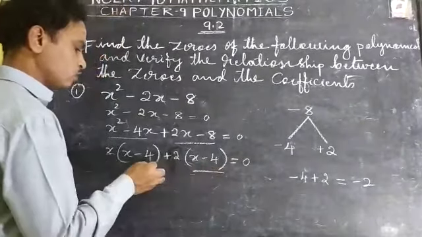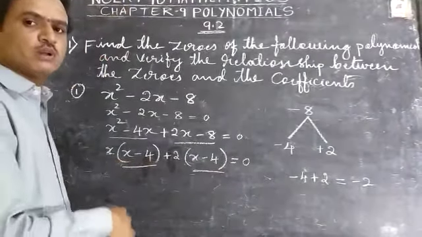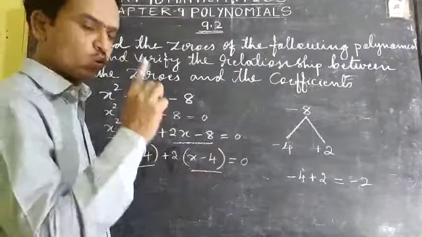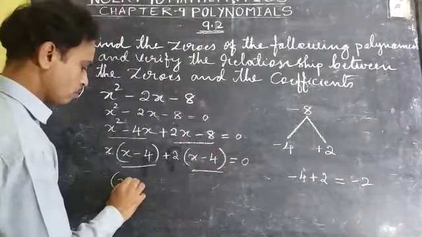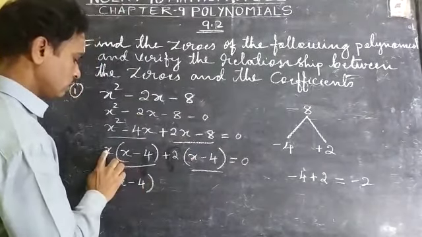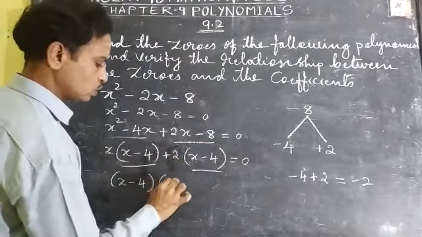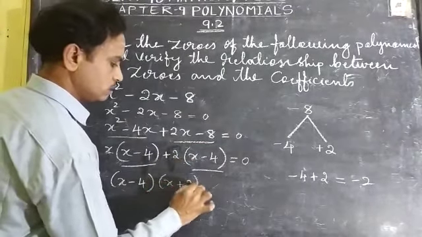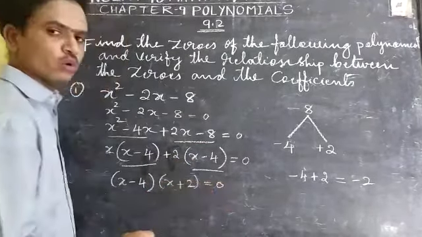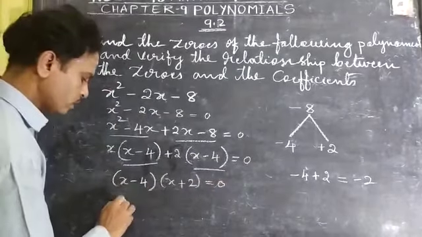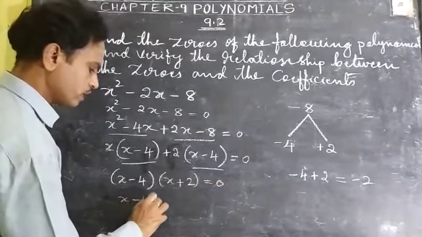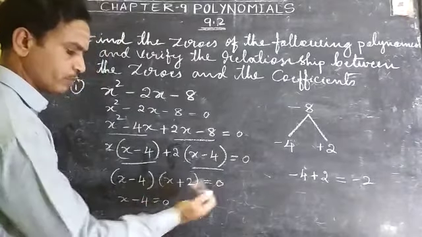Again here x minus 4, here also x minus 4. That is common. Write x minus 4 one time. The remaining is x plus 2, is equal to 0. Now x minus 4 is equal to 0. Make it separate.